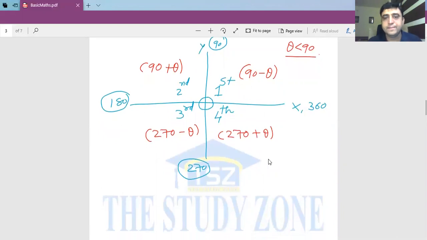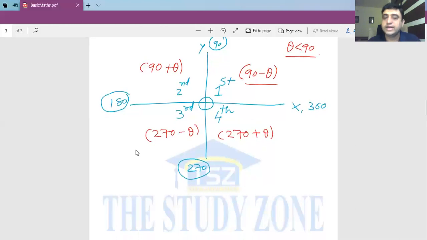Is it okay, everybody? So any angle in the first quadrant can be represented by 90 minus theta. In the second quadrant, it is represented by 90 plus theta. Theta is an acute angle, remember. In the third quadrant, any angle can be represented by 270 minus theta.